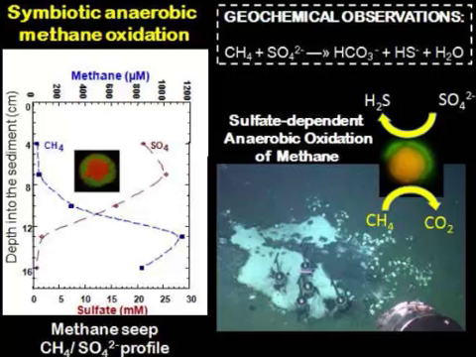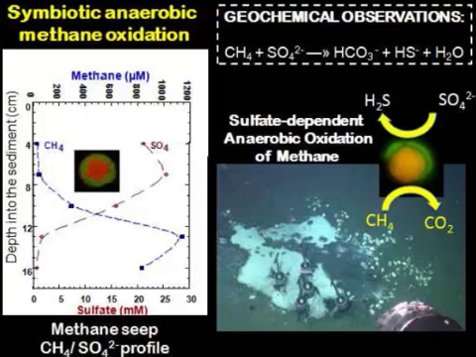Another reason why this particular partnership is interesting is, looking at the equation here, taking methane combined with sulfate to CO2 and hydrogen sulfide is really an energy-poor process. And so these organisms essentially are living at the energetic edge, and they're sharing these meager resources in a very effective way to catalyze a process that is, at this time, thought to be the dominant way that methane is sequestered in the ocean.